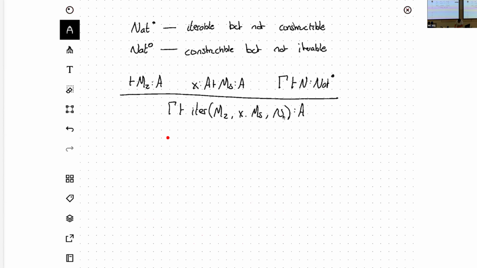So we're just going to assume that there is this apparently dangerous operation which allows us to duplicate these heavy natural numbers.